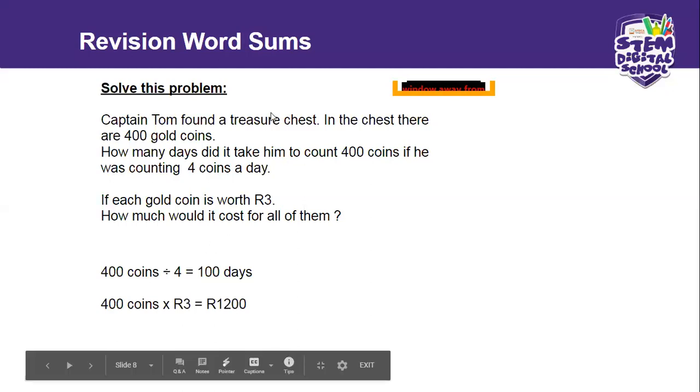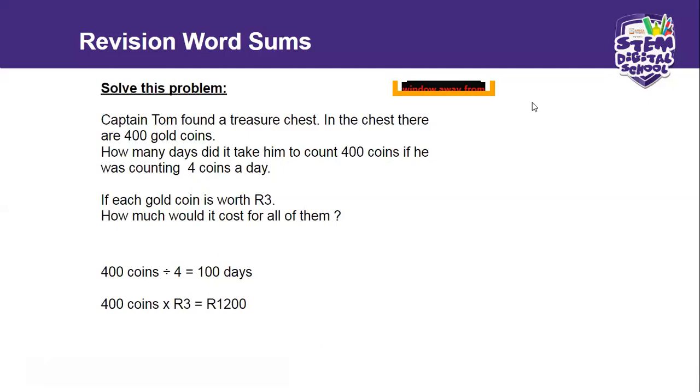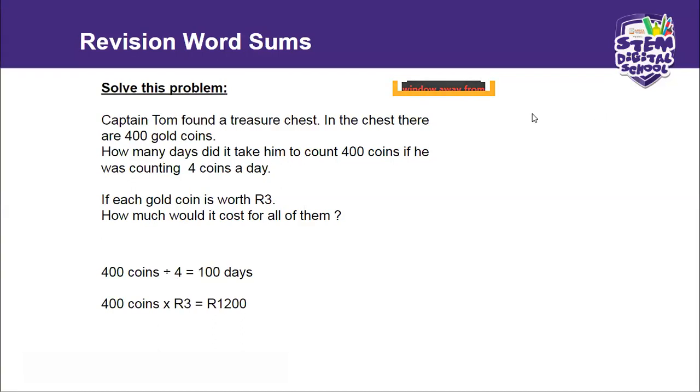So sometimes if you're finding it difficult, it's easy if you can divide maybe using a calculator, but the important thing is for you to get the understanding. We've got 4 coins a day, we've got 400 coins.